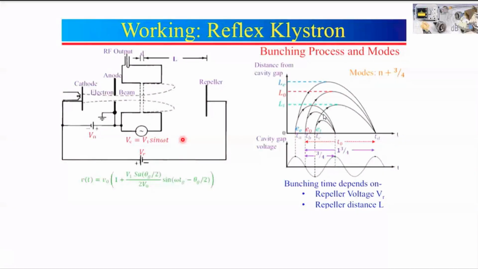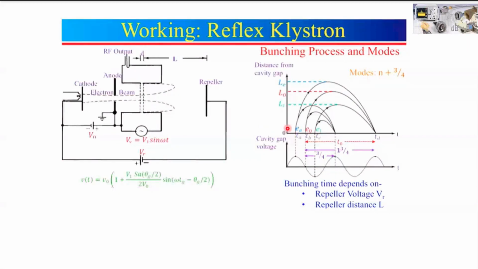Early electron, late electron and reference electron are represented here at different gaps. Let us see in detail what this diagram tells about the reflex klystron.